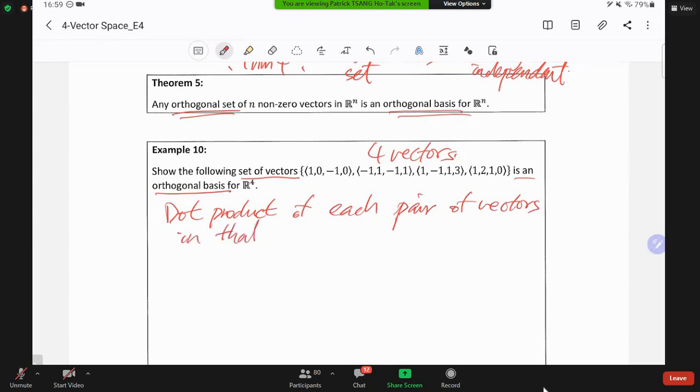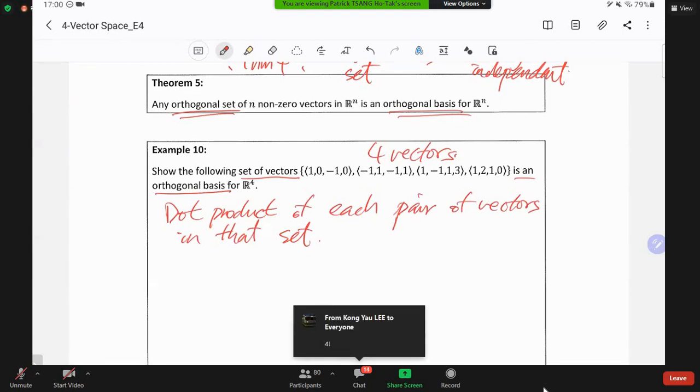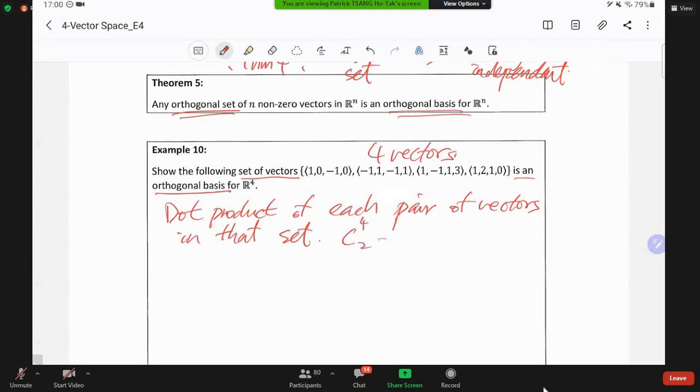Can you tell me how many combinations you expect to work on? There are 4 vectors, and we are going to pick 2 vectors out of 4, so we are going to have 6 combinations to work with.